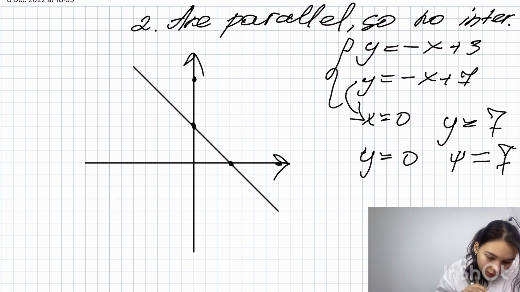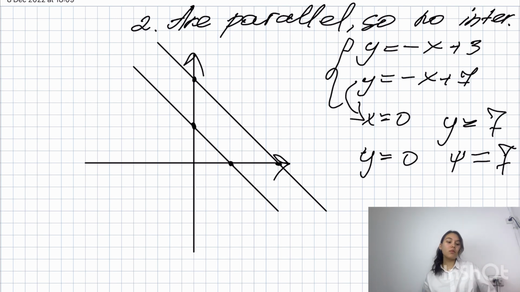So you see that they are parallel and they don't have any intersection points. Do you know why? Because they have the same coefficient.